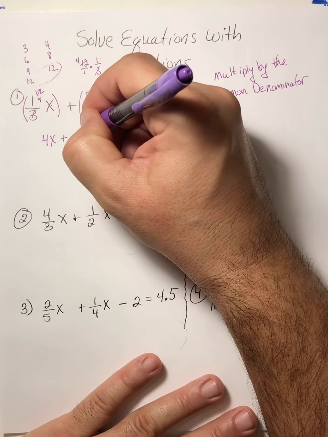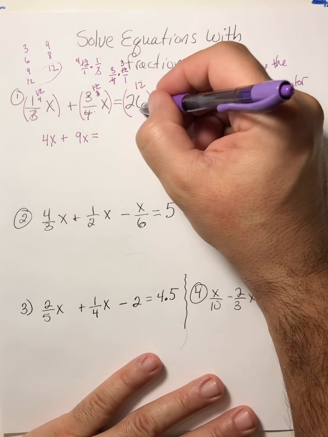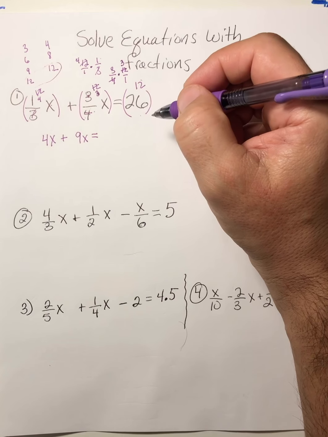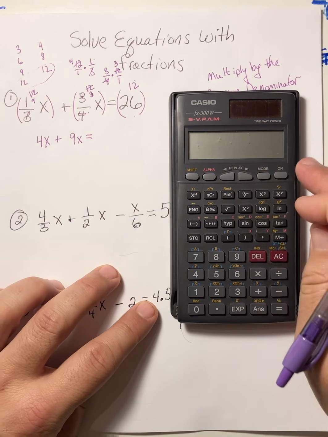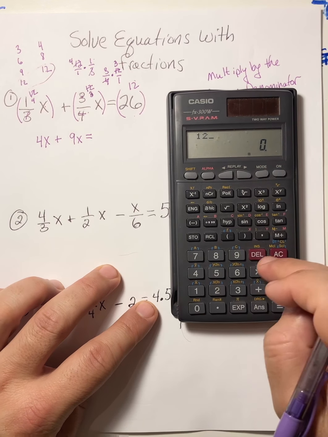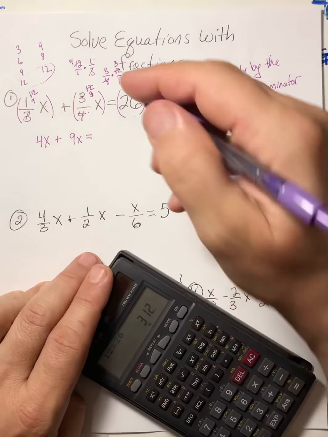So we have 9x equals. And over here, we just have to do 12 times 26 on our handy-dandy calculator. So 12 times 26, and we have 312.